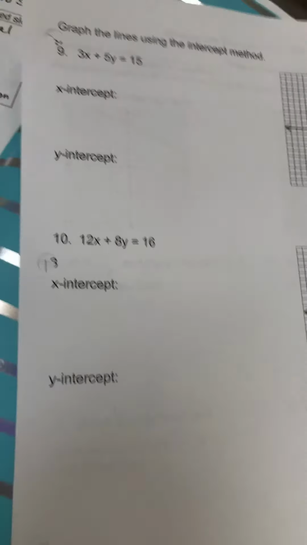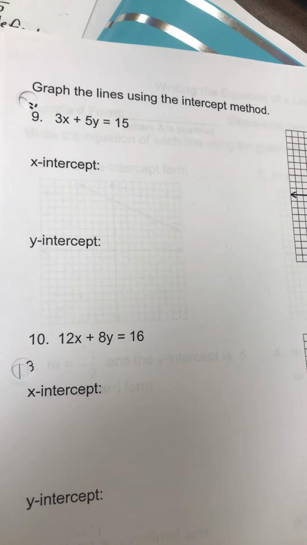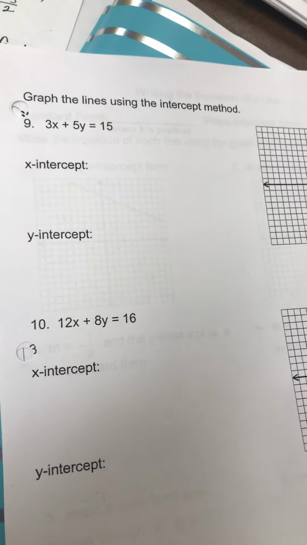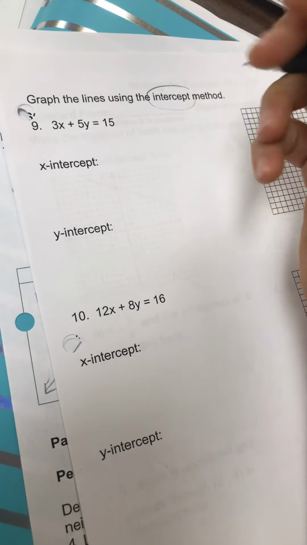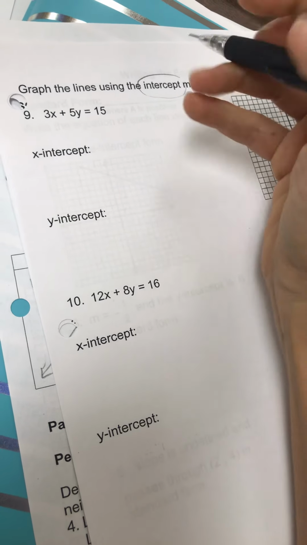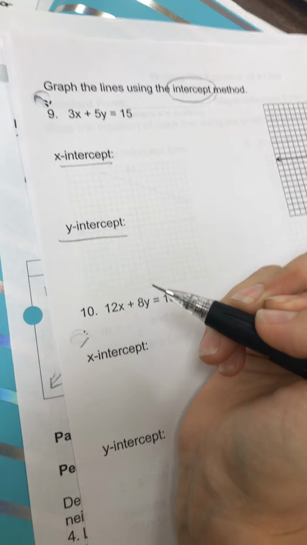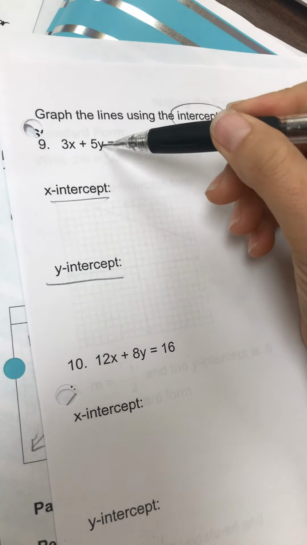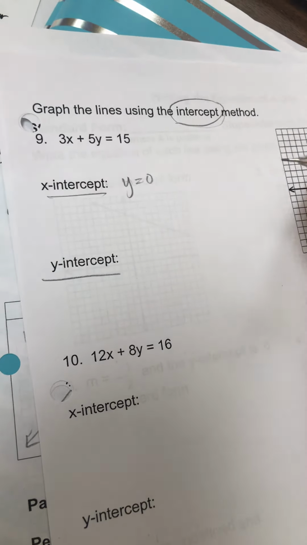Okay, so for our last one, our instructions changed on this page. Graph the lines using the intercept method. Okay, so when it says intercept, that means you're going to be solving for your x-intercept and your y-intercept. Okay, so to find your x-intercept, you're going to put y equal to 0.